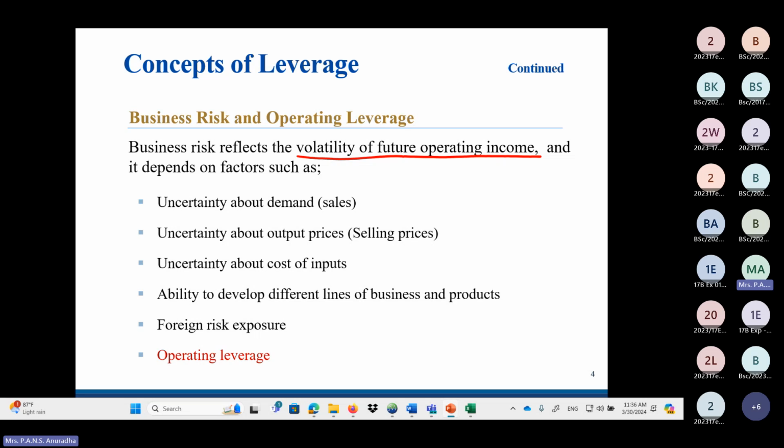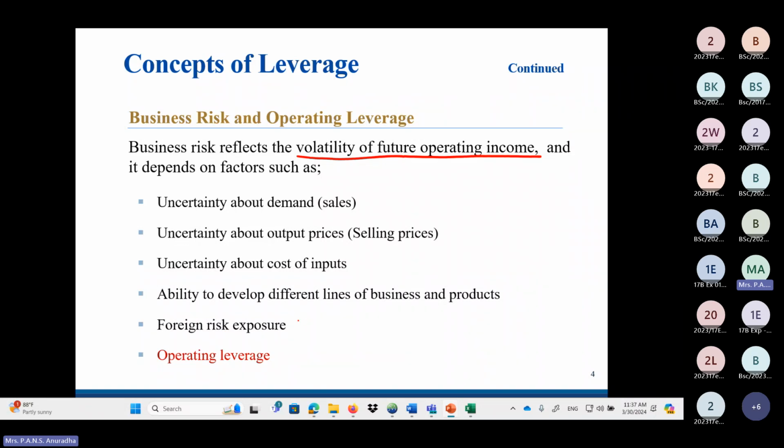So if I ask the question, what are the reasons for the profit volatility, the change in the profit? You can list down many reasons, many factors. Change in the demand, uncertainty about output prices, raw material prices, different lines of business, foreign exchange risk, government issues, policy changes, whatever.